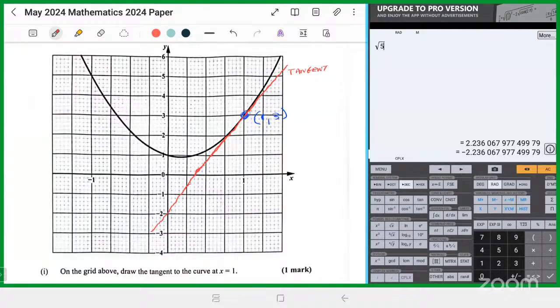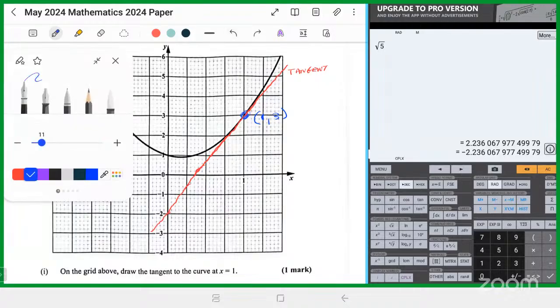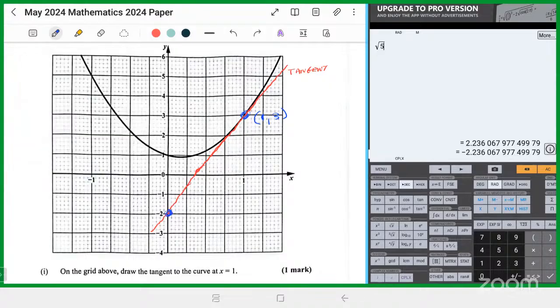All right, let's say this is another point on the tangent right here. What point is that? That point is (0, -2) on the tangent. So by using these 2 points to find the gradient of the tangent, we are getting the gradient of the curve at this point.